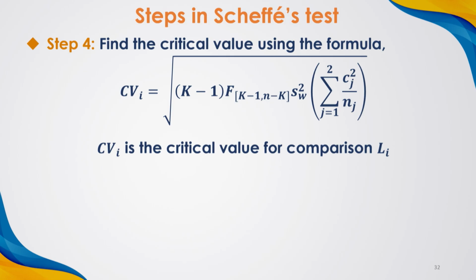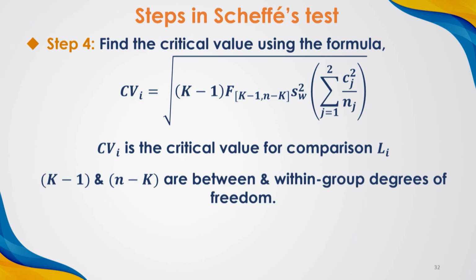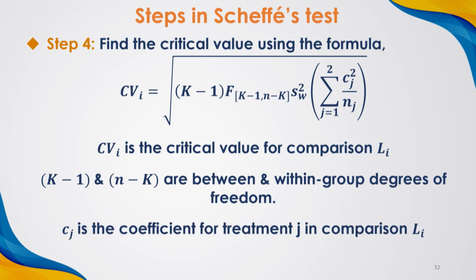So, CVi is nothing but the critical value for the comparison Li. K minus 1 and N minus K are between and within group degrees of freedom. Cj is the coefficient for treatment j in the comparison Li. nj is nothing but the sample size of the jth group.